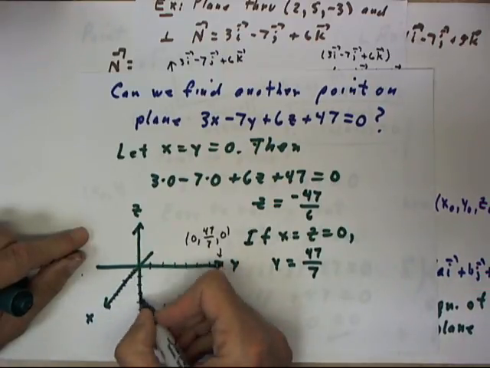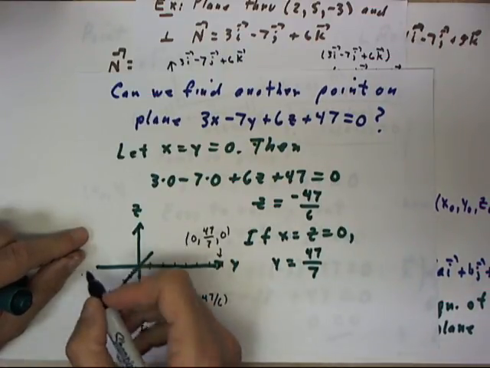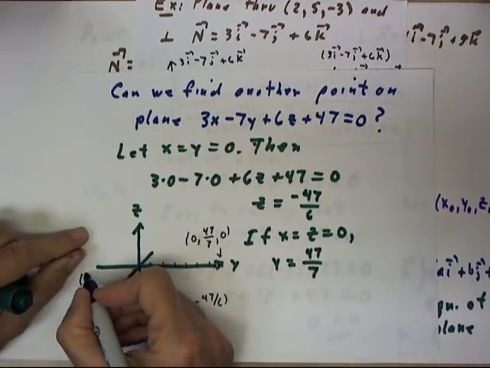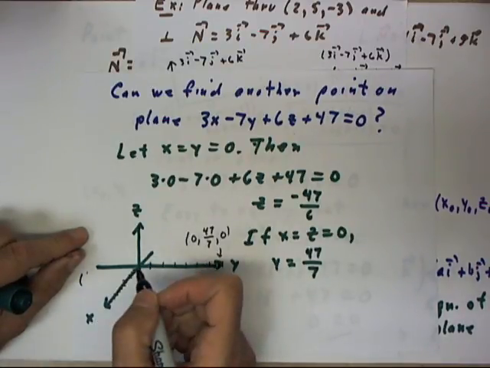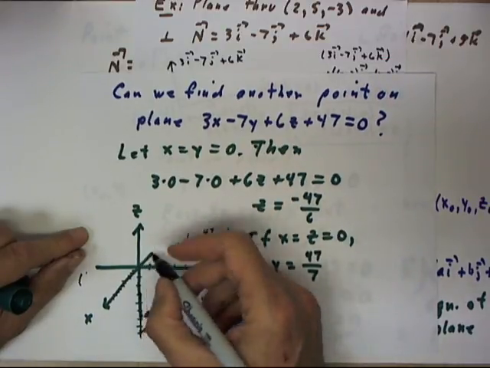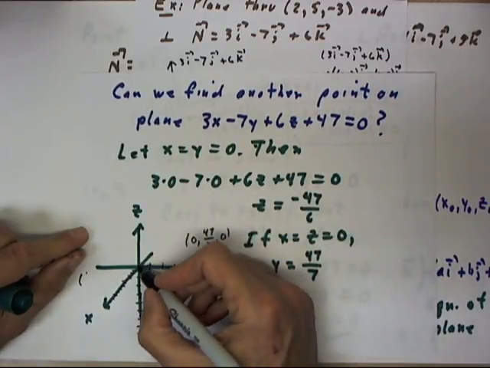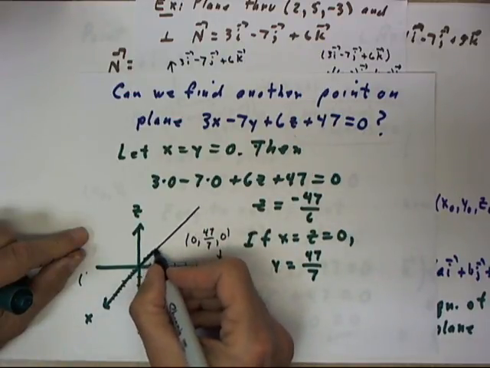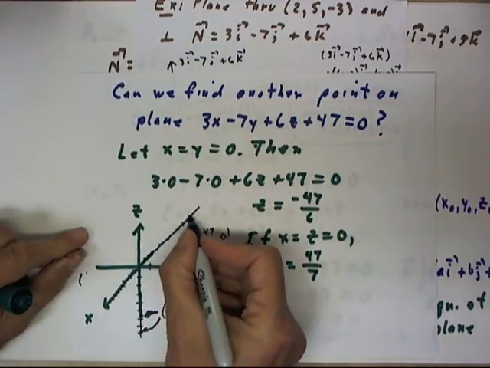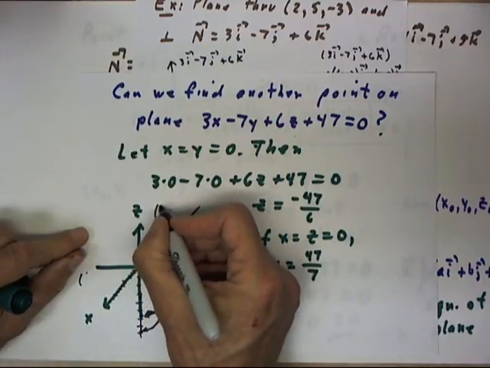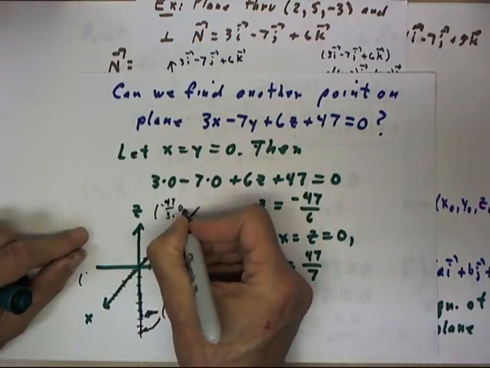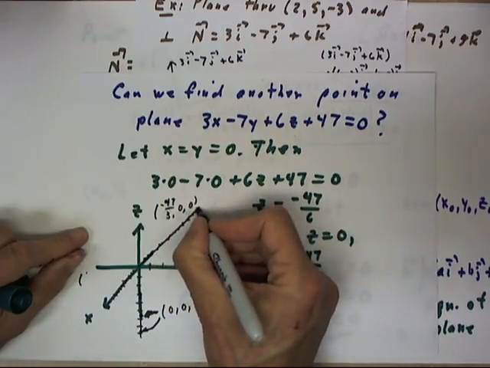And this isn't to the same scale as these two axes, but we can at least claim that the point, got a little error there, would be negative 47 over 3. So we'd have the point negative 47 thirds, 0, 0, and that might be out here someplace.